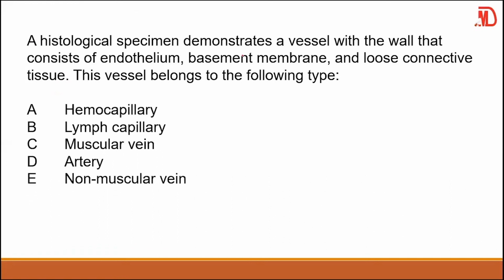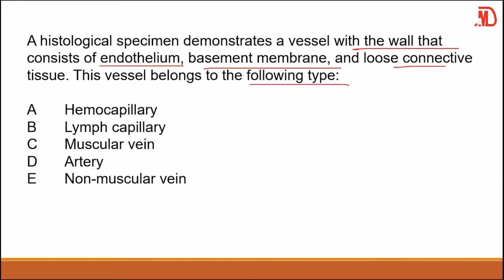A histological specimen demonstrates a vessel with the wall that consists of endothelium, the basement membrane, and a loose connective tissue. This vessel belongs to the following type. We've already discussed all these things, the types of vessels. Of course, we have the artery, we have the veins, isn't it?